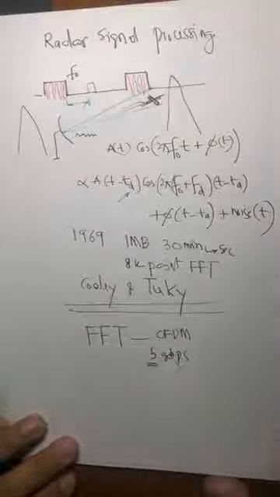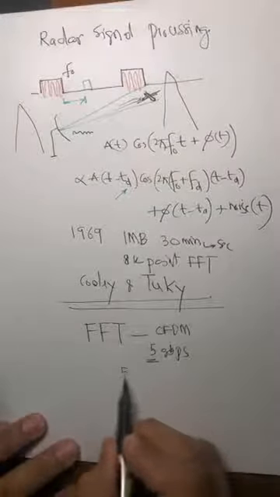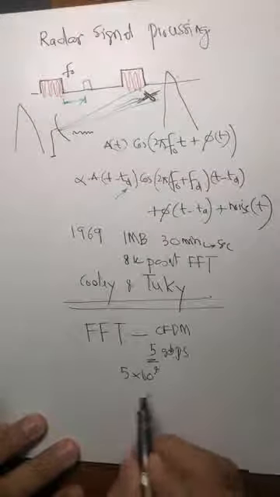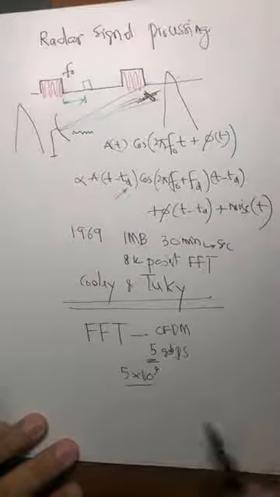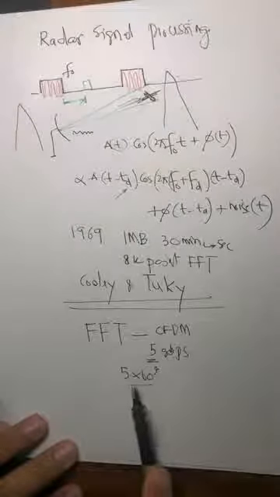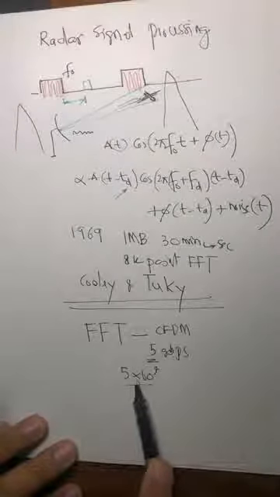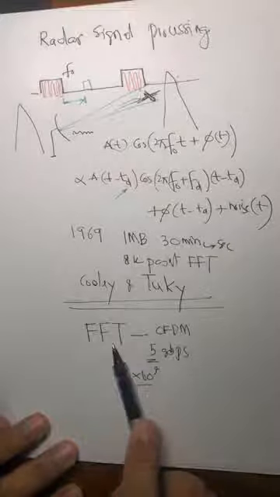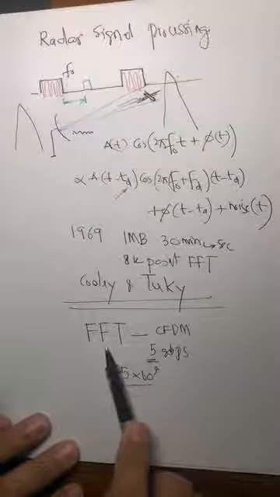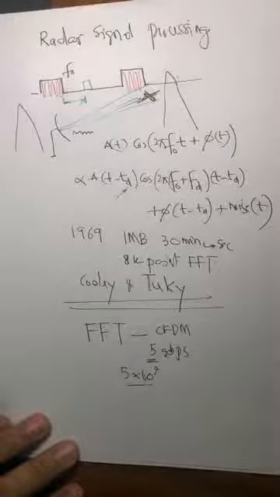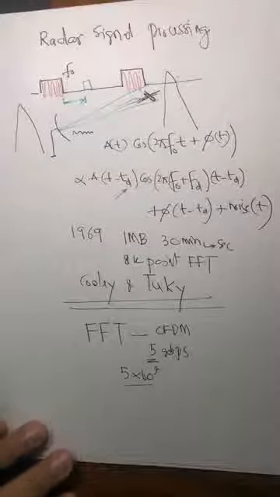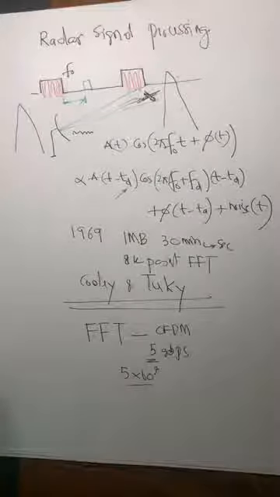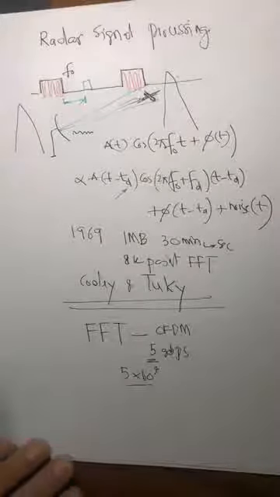Just imagine, 5 gigabit means 5 into 10 raised to the power 9. Processing something at this rate is just amazing, and this is only possible because of this Cooley-Tukey algorithm, which is FFT. And obviously now you can use dedicated hardware to implement the algorithm.